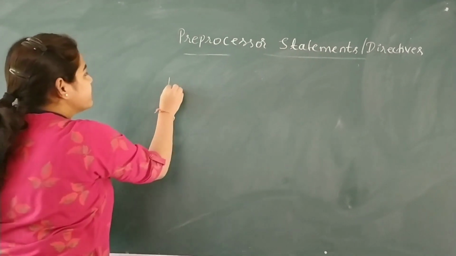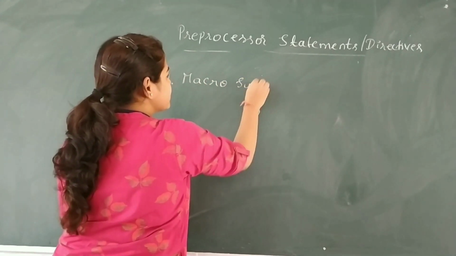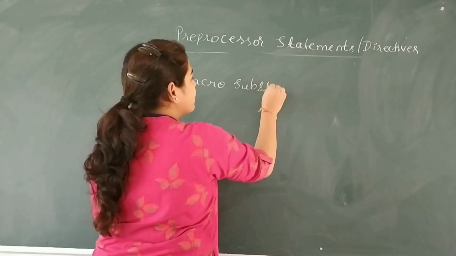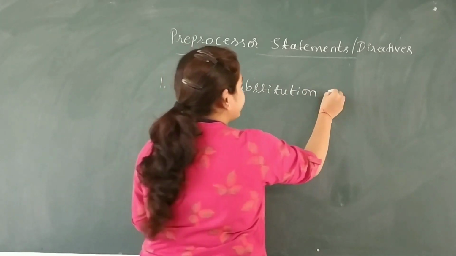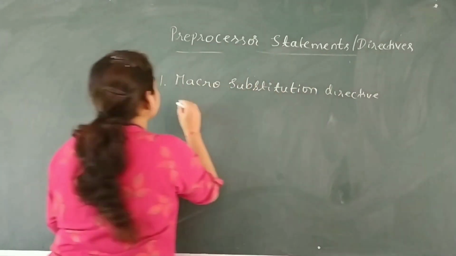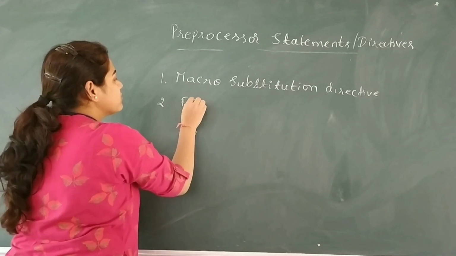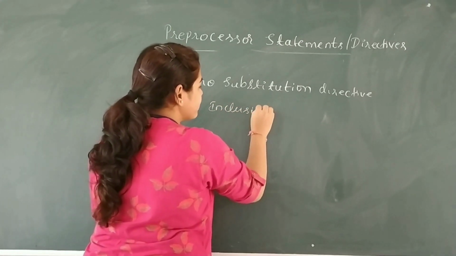Statements. There are 3 types. The very first one is the macro substitution directive. The second one is the file inclusion directive.